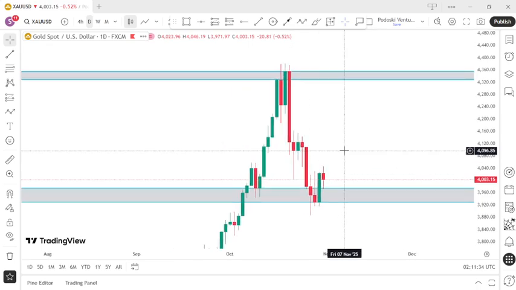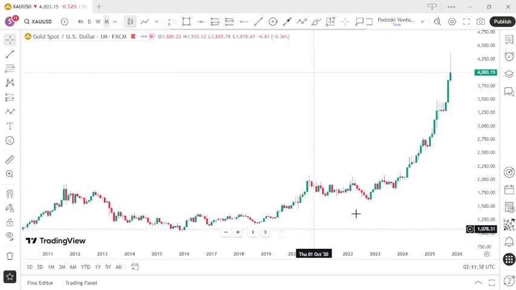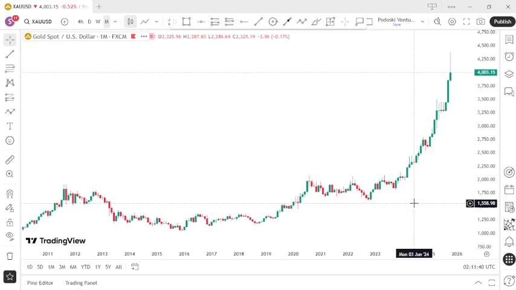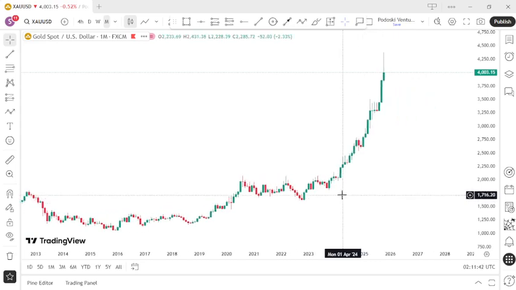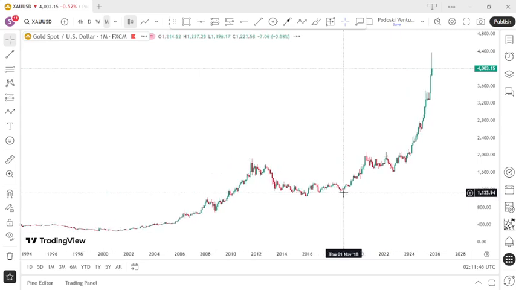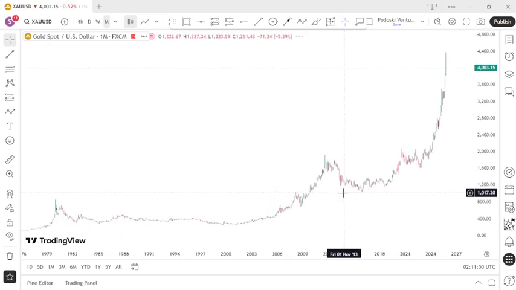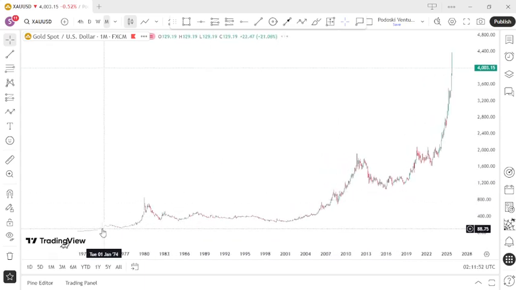And on gold, I can't start on the monthly time frame because the monthly time frame is just showing a bullish direction, just moving to the upside. If you know gold has been moving to the upside since the 90s.